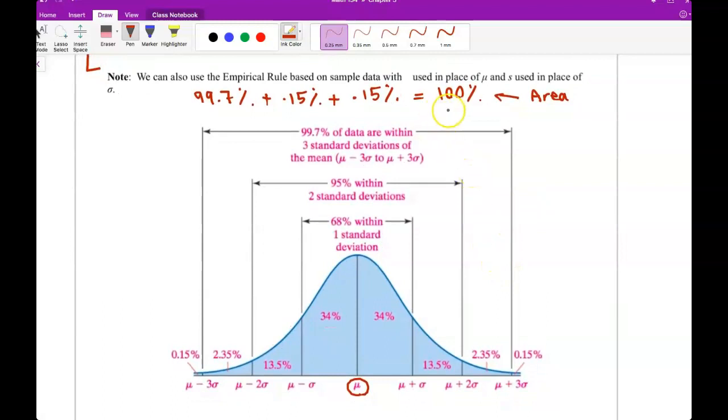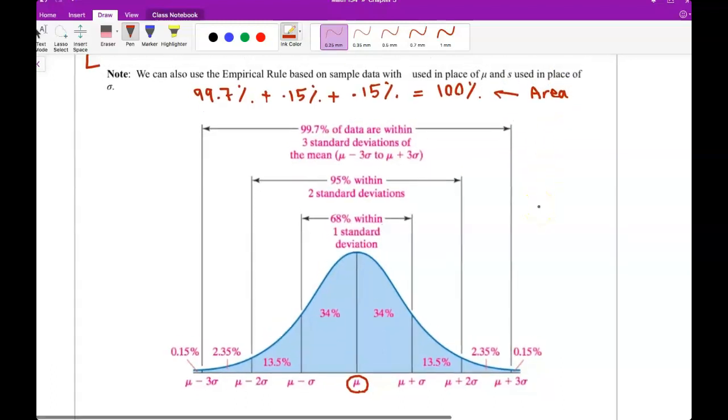This is exactly what we did in the previous section. We said that if you add the frequencies, you're going to get 1. What that one was, 100%. Exactly what we have here is area or probability or proportion. So all these are the same thing, equal to 100%.